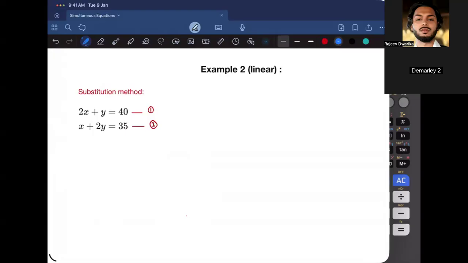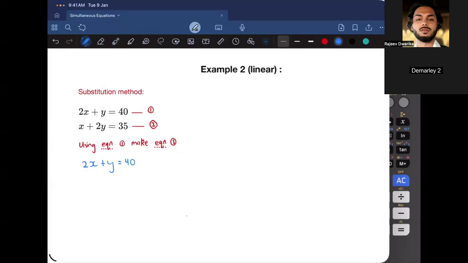Okay, that's fine. So using equation 1, make equation 3. We have 2x plus y is equal to 40, and I want to make x the subject.